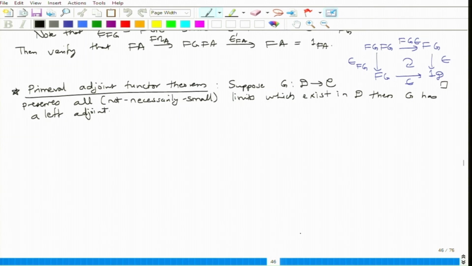The first lemma is quite simple. So I am just going to call it lemma 1.